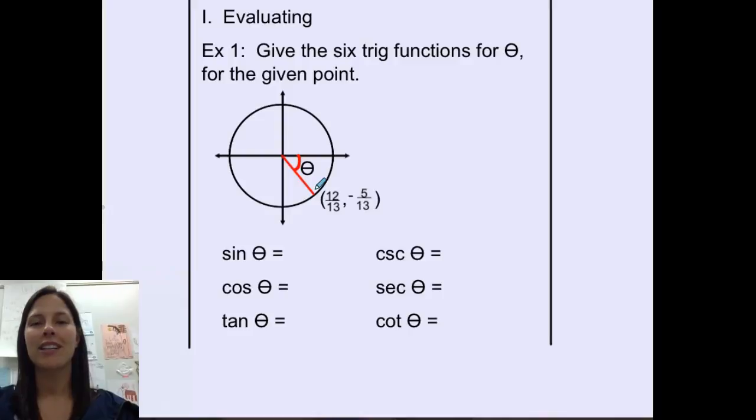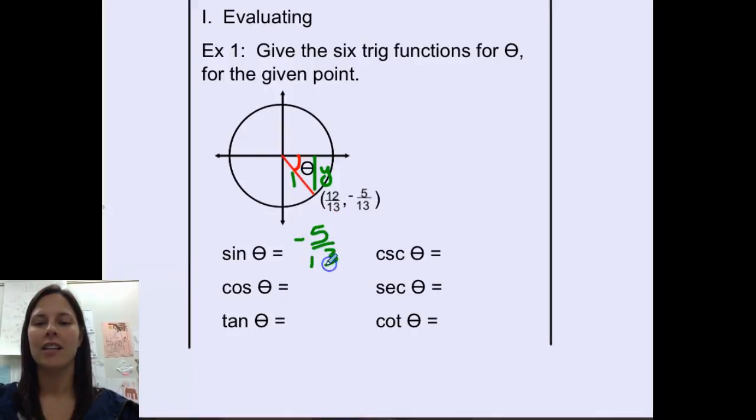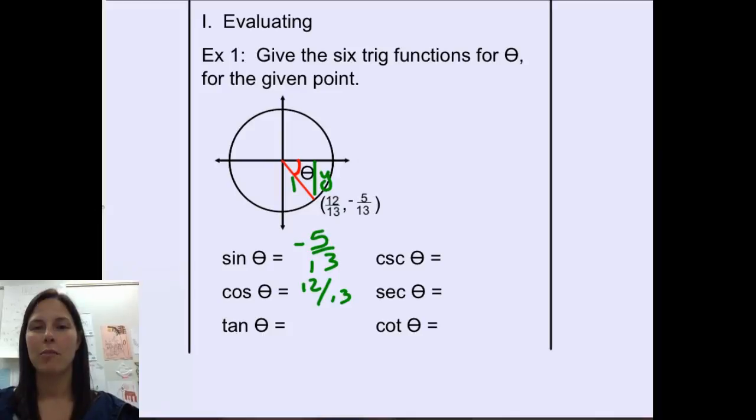Remember, the unit circle has a hypotenuse of 1, so sine, which would be opposite, which is our y value, over 1, the y-coordinate of this point is negative 5/13. Cosine would be adjacent, or the x value, over 1, or 12/13. Tangent, remember, was opposite over adjacent, which is our y-coordinate over our x-coordinate.